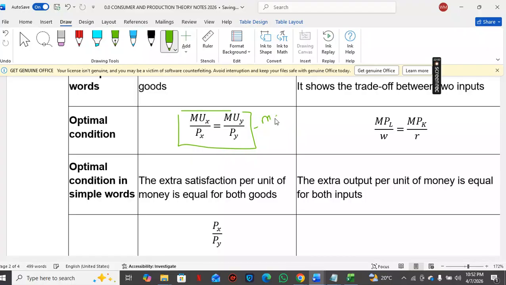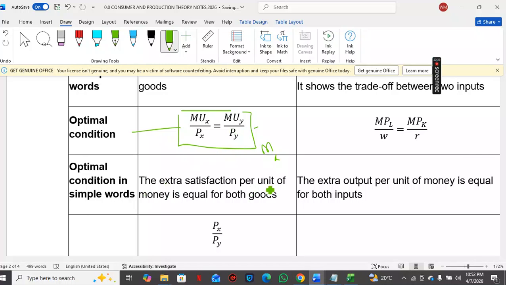You maximize satisfaction. This is where you maximize satisfaction.